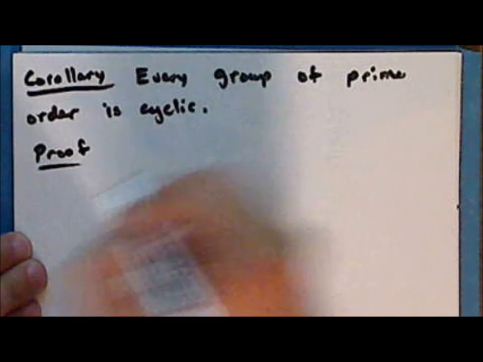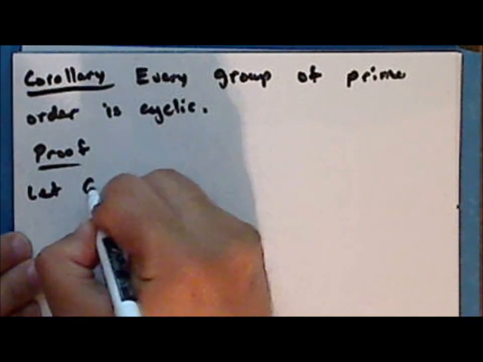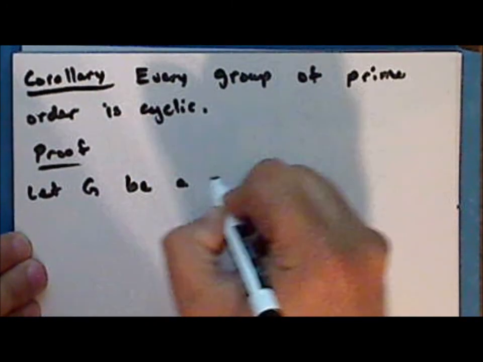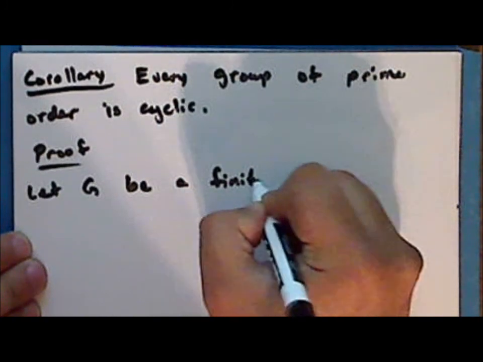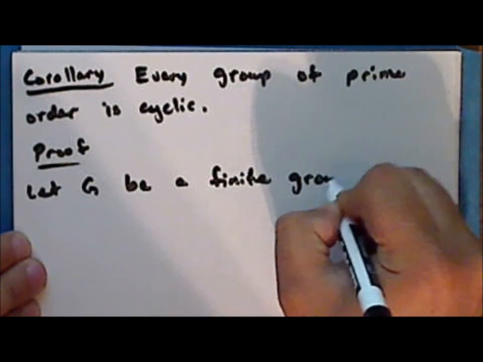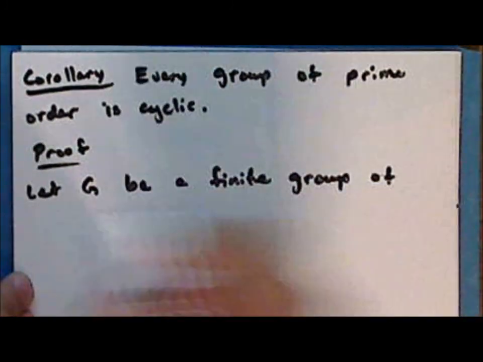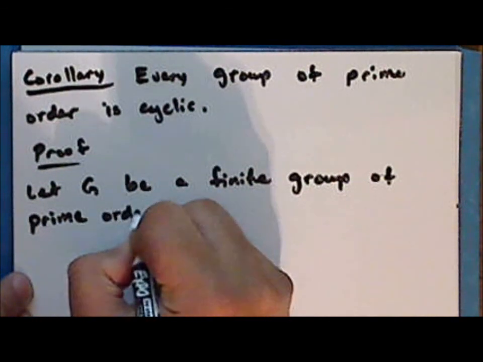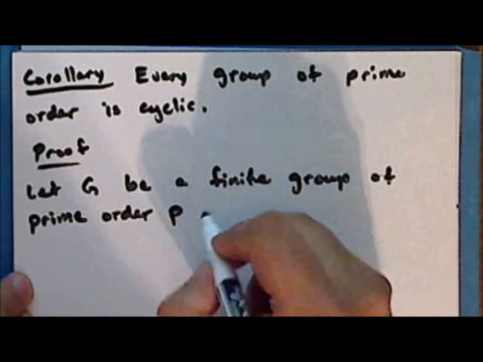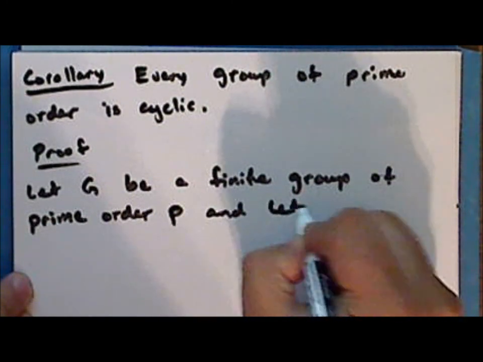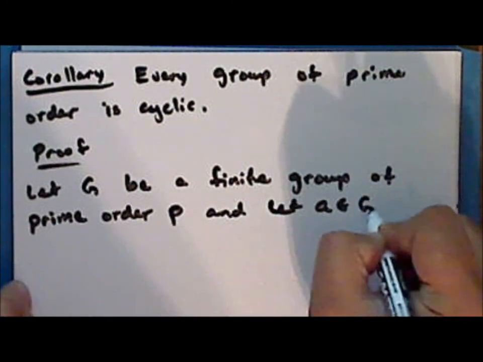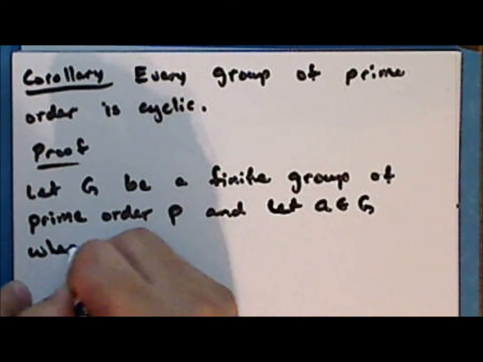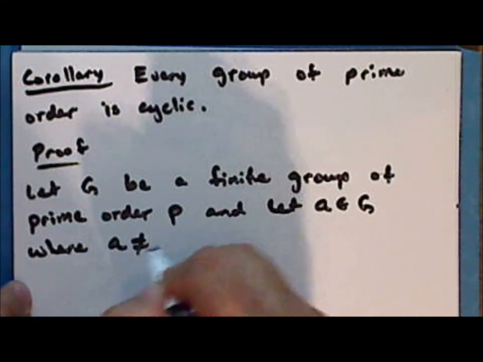So proof. Let G be a finite group of prime order P, and let the element A be an element in the group where the element A is distinct from the identity.